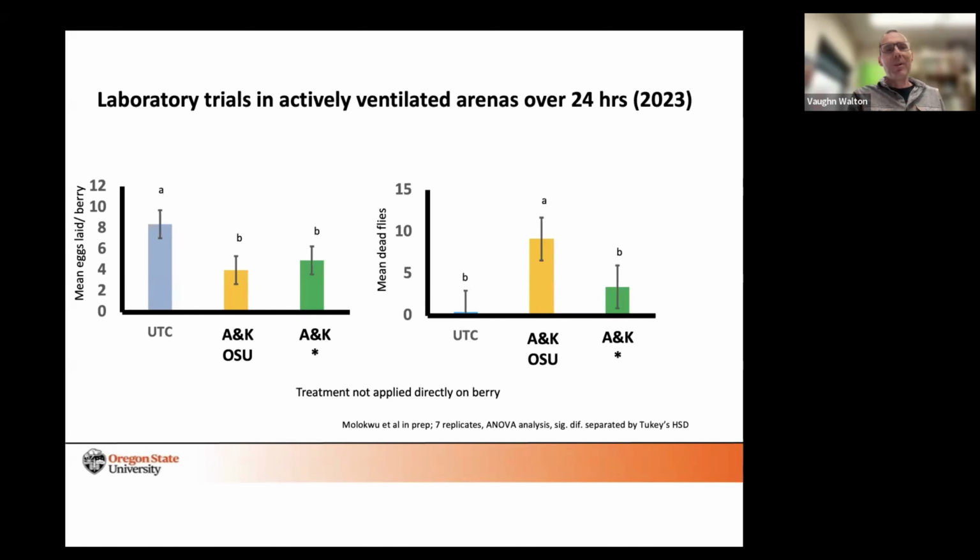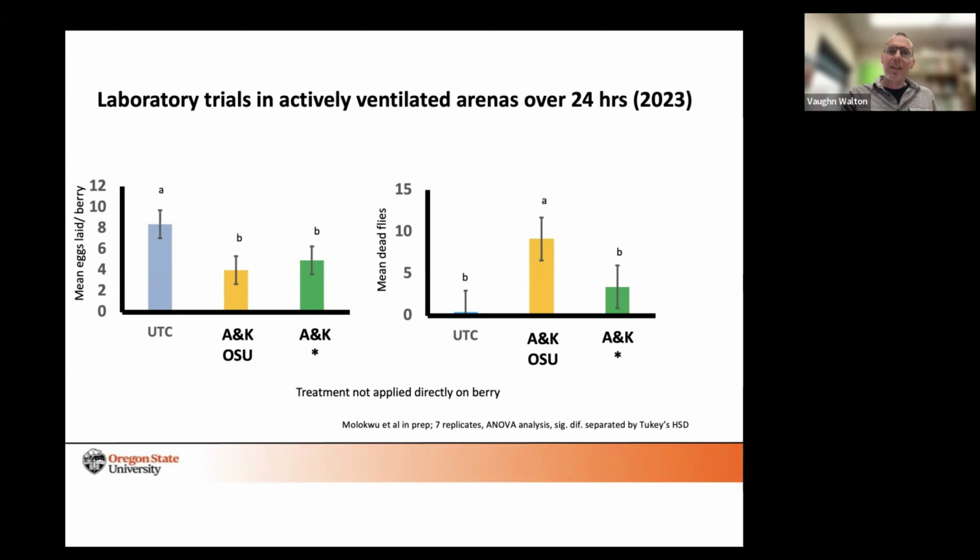So you would think that when we see this type of thing in the lab, that would carry into the field. Right-hand side here, we're trying to look at the opposite. Are we killing these flies? Are the flies feeding on that toxicant? Are they taking it in? Are they dying within a 24-hour period?